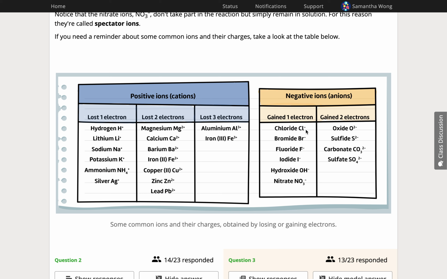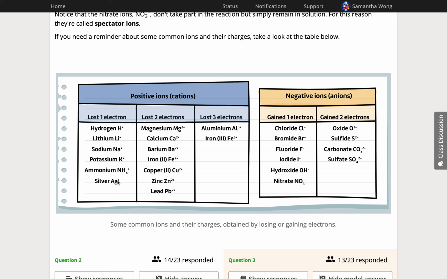They're going to repel, so they're going to move away from each other. So silver and sodium, both having that positive charge, are not going to react together because they're going to move away from one another because of that same charge.